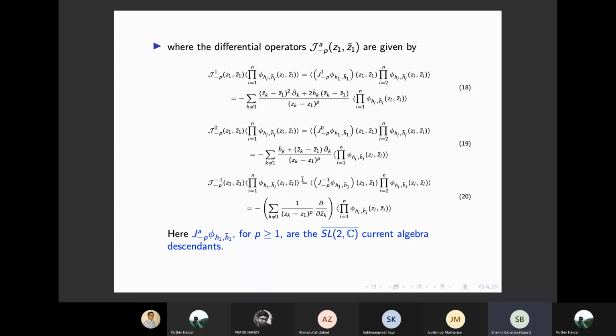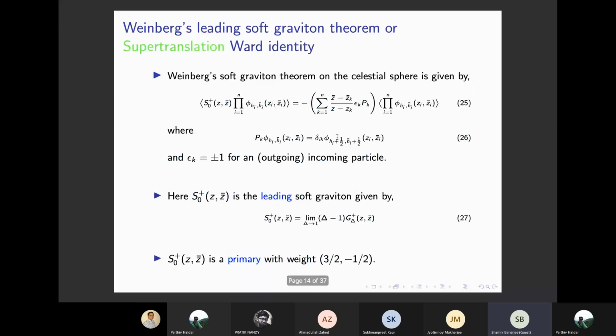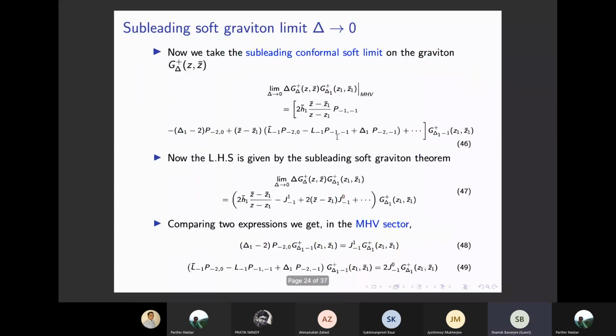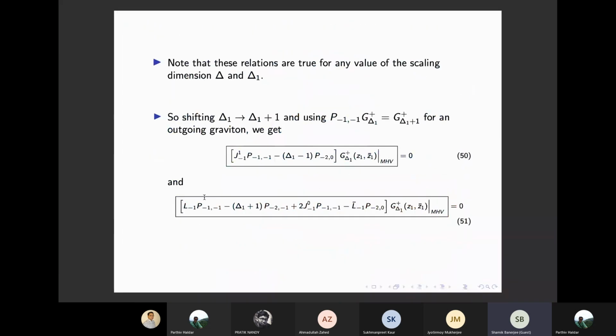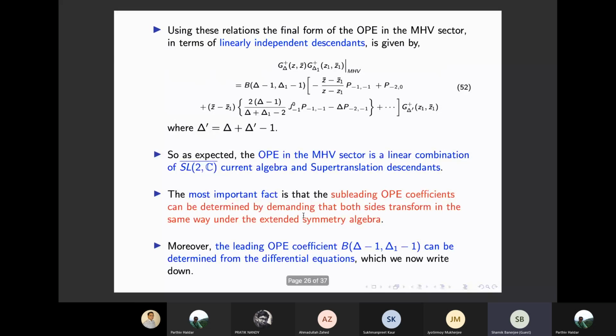Okay. So you get this differential equation, and then you have one more, which is this. Actually, this one is the most important one, because you can basically get this from this.